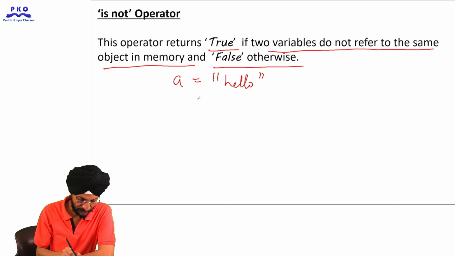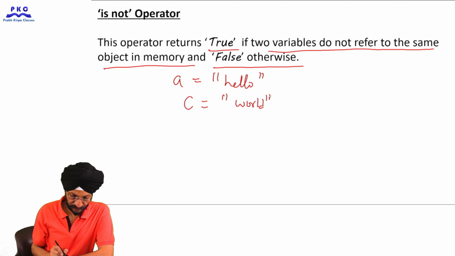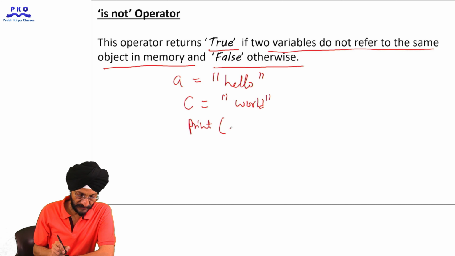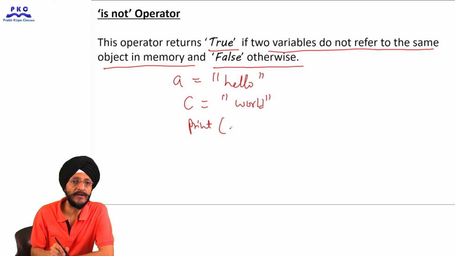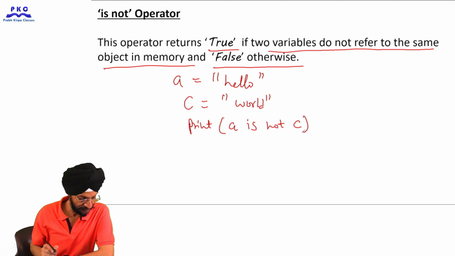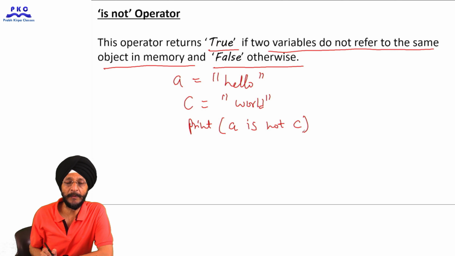We have another variable named C. Here the object is world. Now we use the print function and the is not operator to find whether A is not C. What will be the answer?